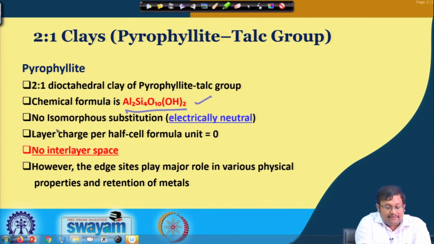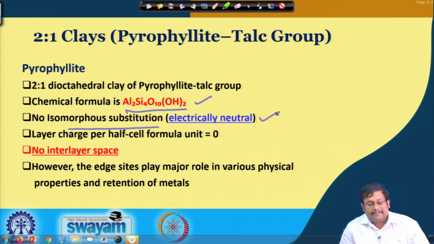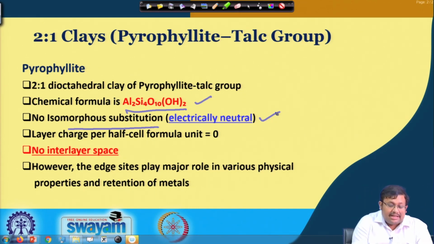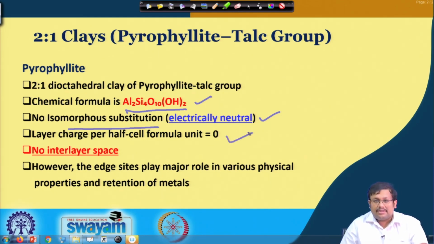This is a characteristic feature of pyrophyllite, and as a result, it is electrically neutral. And since it is electrically neutral, it has a layer charge per half cell formula unit of 0.